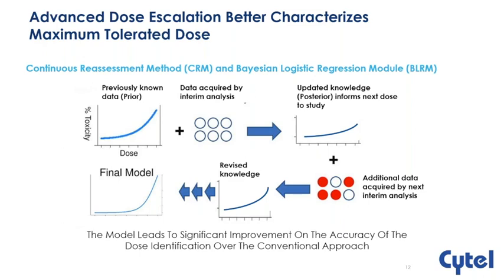Two key advantages are that you can actually specify the toxicity level of interest, because every indication may or should have a different toxicity level. So you can pre-specify the toxicity level of interest for a particular indication. That's a characteristic of many methods, but not for 3+3.